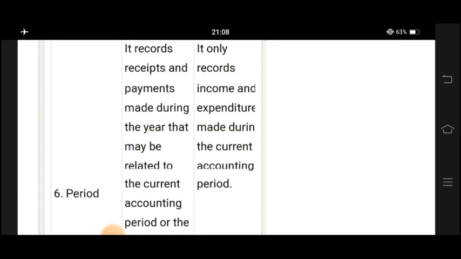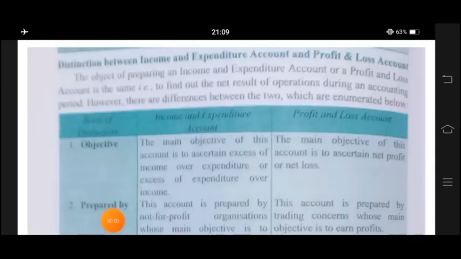Let's talk about some little more difference as on the basis of income and expenditure and profit and loss account will be identified to you. Now see, the differences between income and expenditure or profit and loss account are made as before you, that the value of income and expenditure and the profit and loss are differentiated on some criteria as written in the basis of differentiation.